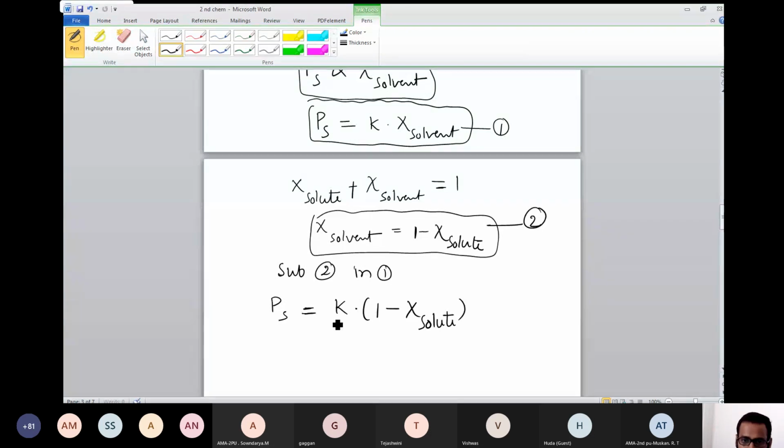Okay. So this Raoult's law is applicable only for dilute solutions. Then the mole fraction of solute is very less, and the mole fraction of solvent is very high. For dilute solutions, instead of K, I can write P naught.